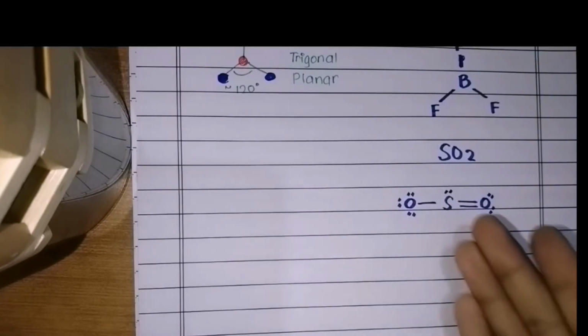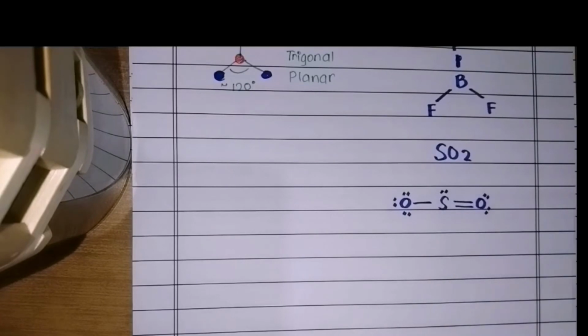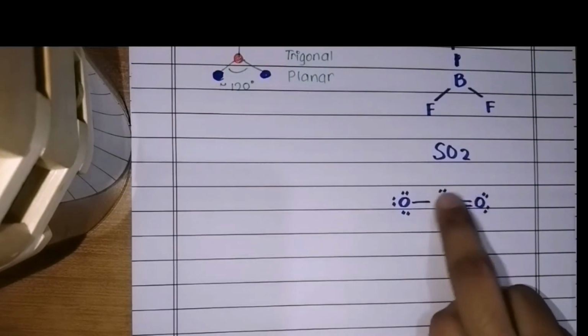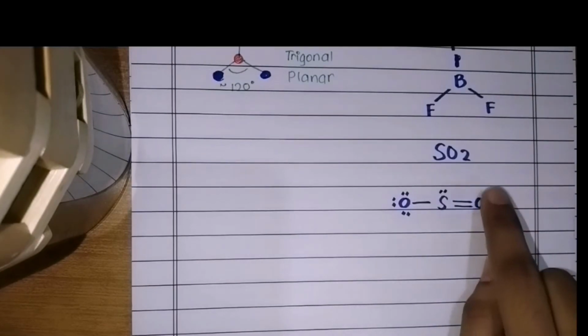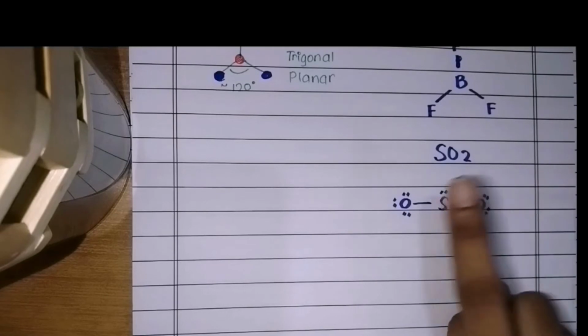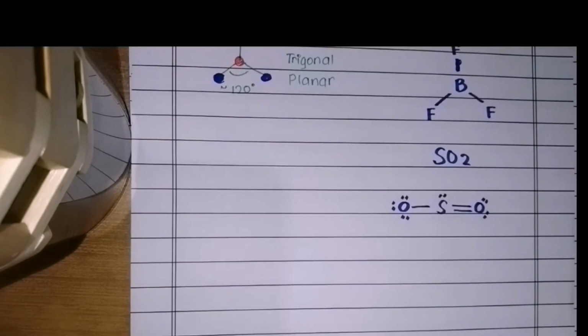So in this SO2 molecule, we have a lone pair on sulfur and one oxygen on this side and one oxygen on this side.